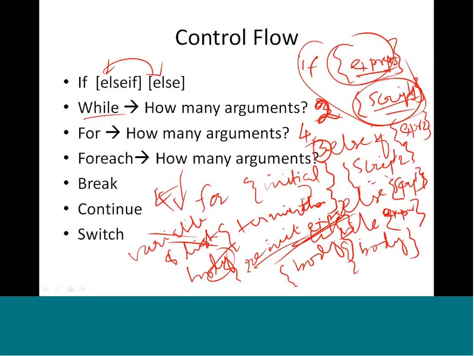Now the last one is the switch command. How many arguments does the switch command take? Believe it or not, it takes only two arguments. So the switch has a variable and a whole bunch of values and then scripts.